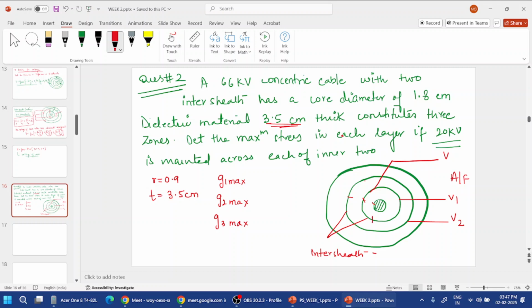This is the first intersheath, this is the second intersheath, this is the surface of the conductor. You can solve it. If you can solve this question, it will clear your doubt very easily. If not, then I will solve it in a bit. If anyone has got any value like G1, G2, G3, you can write it in the chat box.